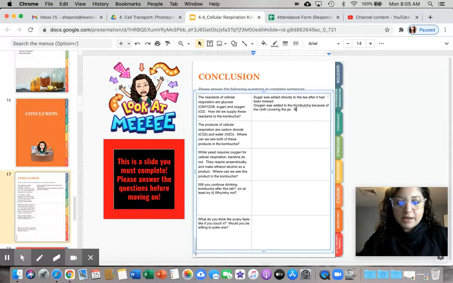What can we say? Air was able to flow in and out of the jar during the first fermentation process.